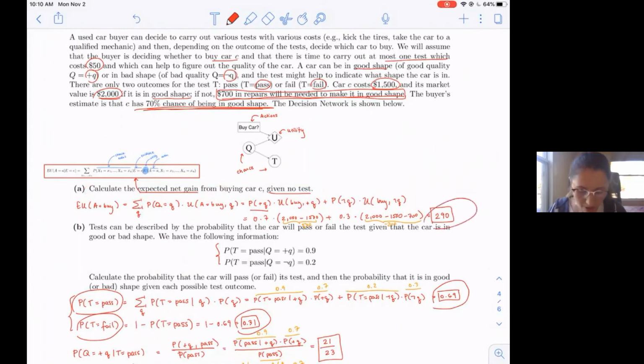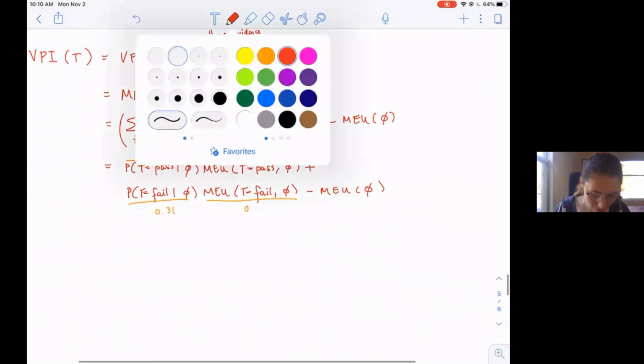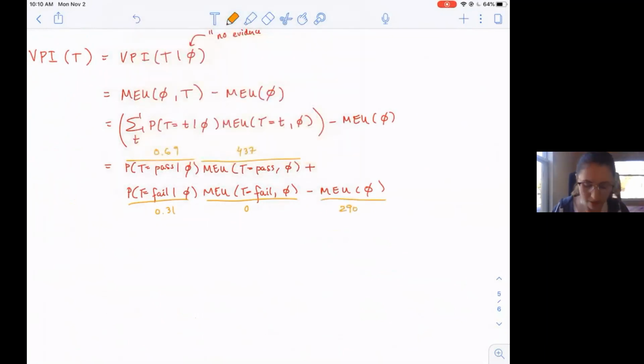And that was $290. So here, this was 290 from part A, where we computed the expected gain from buying the car without evidence about the test.